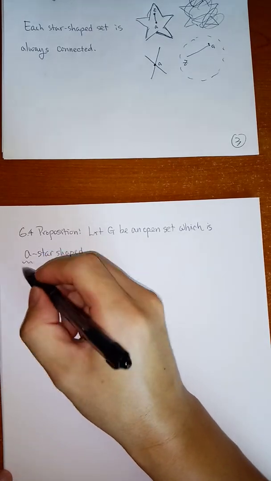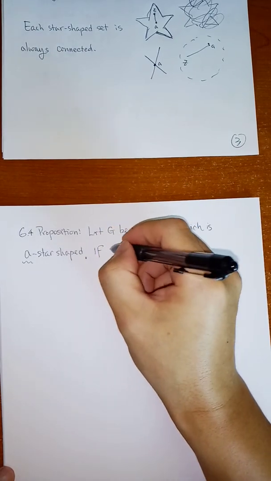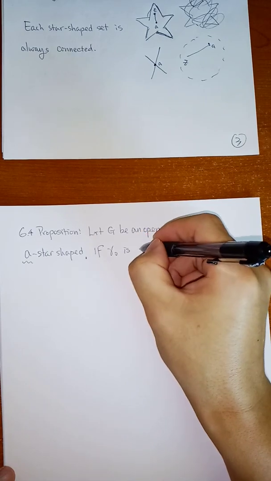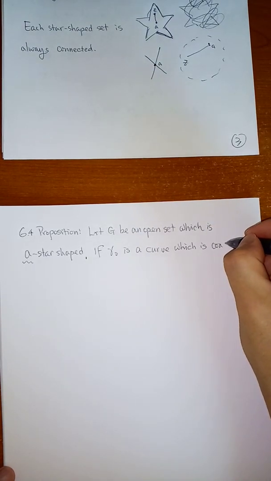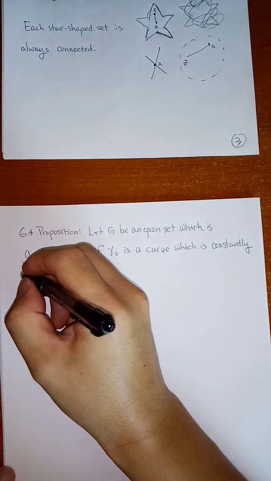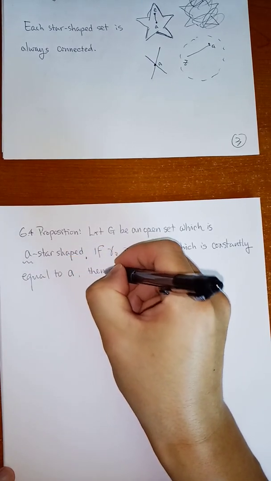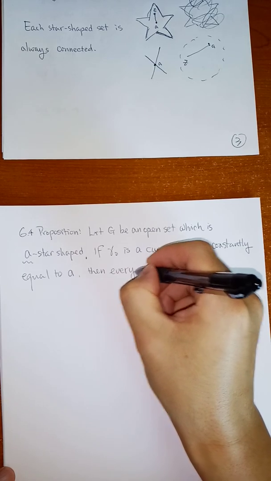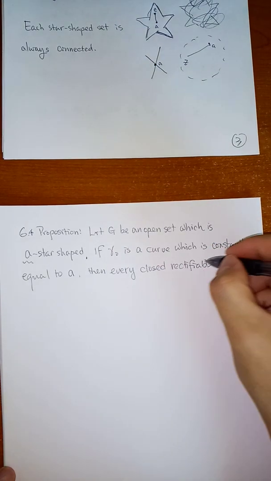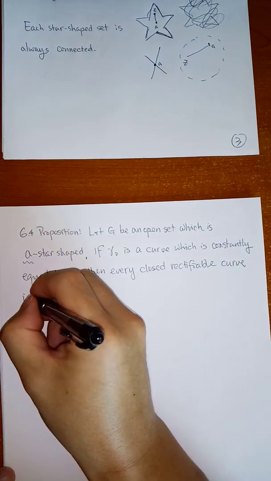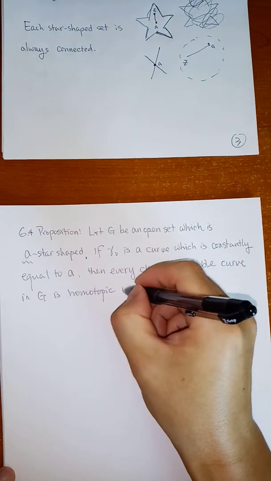Okay, so we emphasize this G with a special choice A. And if gamma 0 is a curve which is constantly equal to A, then every closed rectifiable curve in G is homotopic to gamma 0.